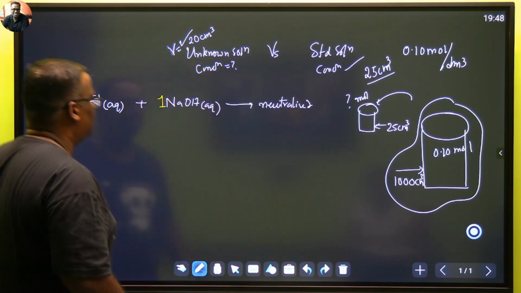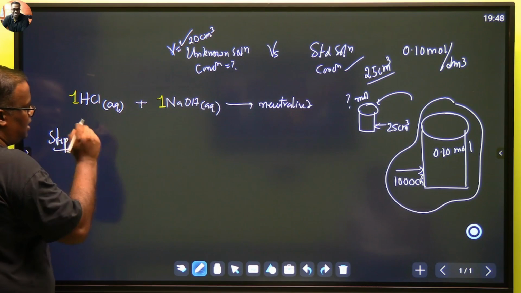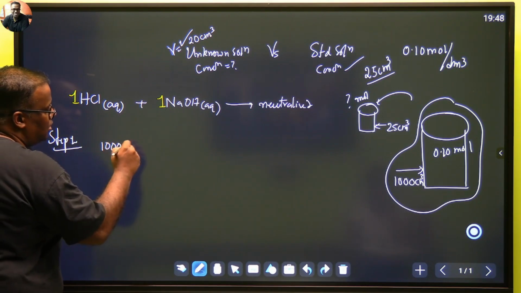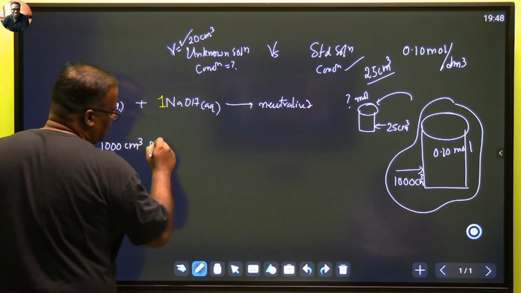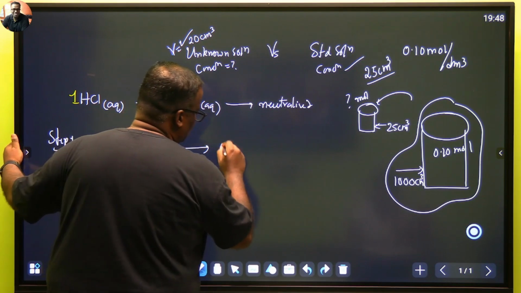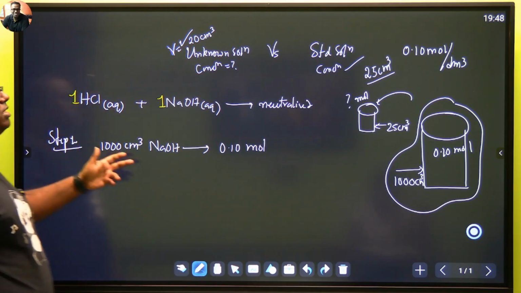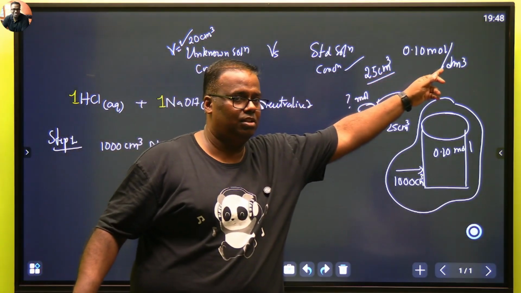Our first step. Step one. I say 1000 cm cube NaOH contains how much? 0.10 moles. Where did you get this data? Given to me. This is the strength. Right?